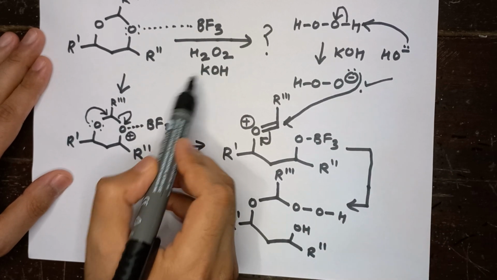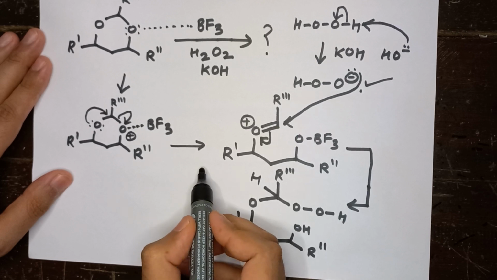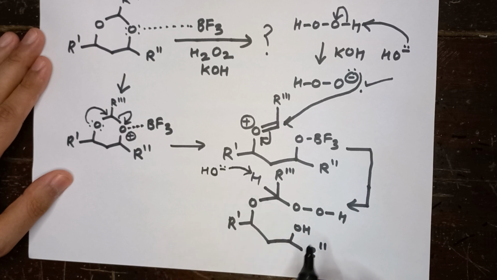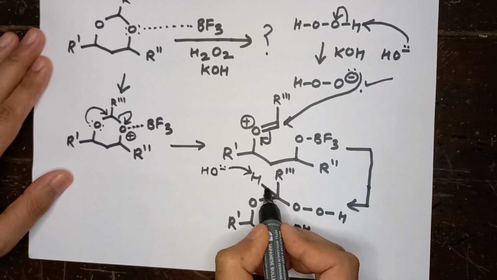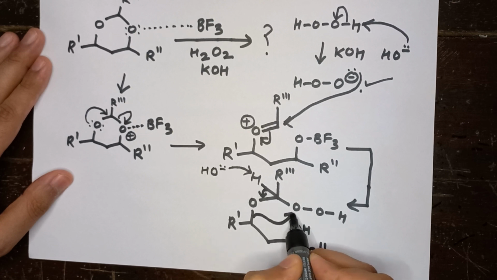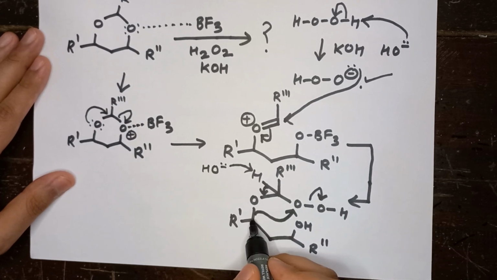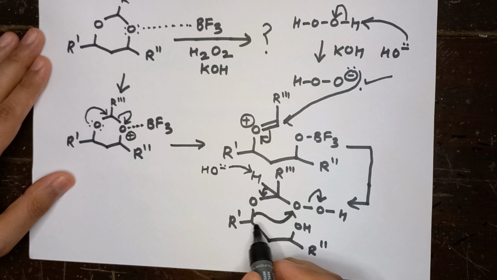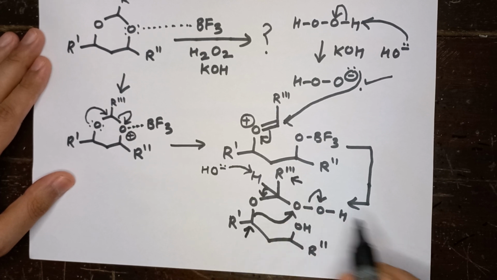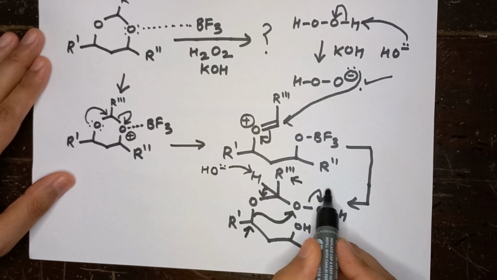Now we have base in our reaction, and we have this proton here, correct? So one of the protons can be abstracted. So this HO minus will take this proton. This will form a double bond here, and this whole group is going to migrate towards this oxygen, breaking this bond. Now why particularly is this bond migrating? This is a Baeyer Villiger type of reaction, and at this carbon we have more electron density as compared to simple R3. So that's why this whole group is migrating towards oxygen, and this bond is getting broken.